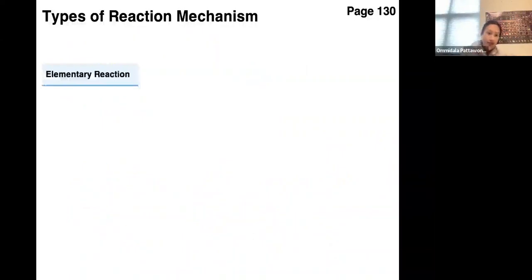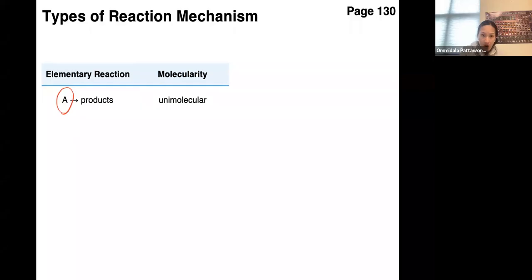Now, since you know what an elementary step is, I'm going to tie this back to molecularity. If you have an elementary step that involves just one molecule, for example one molecule of A, the molecularity of this elementary step is called unimolecular.